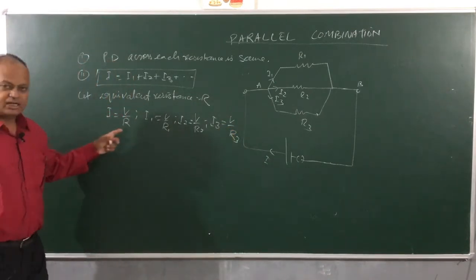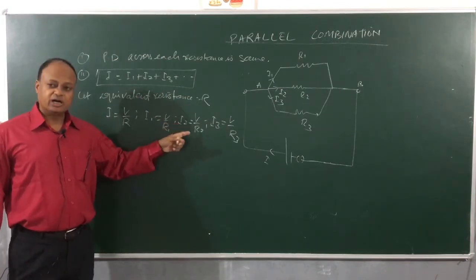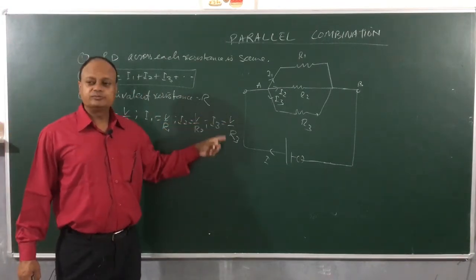So, I1 is current through R1, I2 is current through R2 and I3 is current through R3.